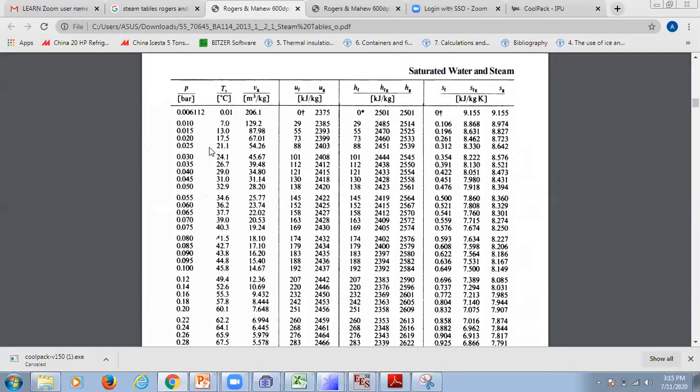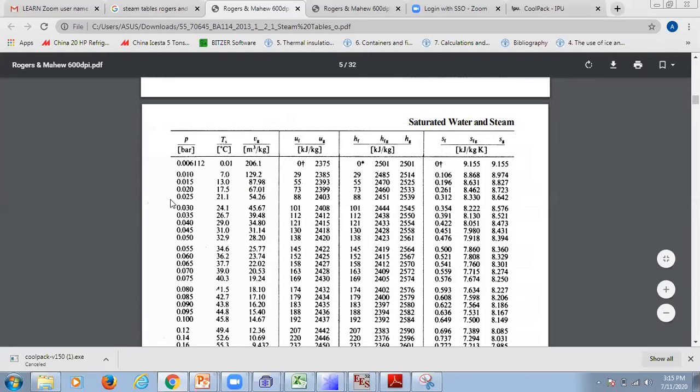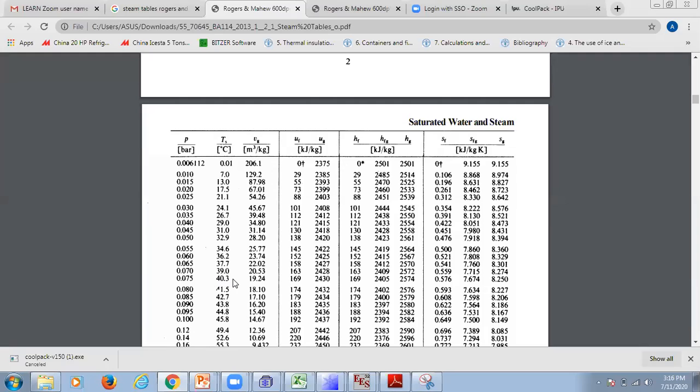In the experiment, you are maintaining a constant pressure. Naturally, when the water is there together with the steam, there is a constant temperature. And through that experiment, you will be calculating this experimentally.